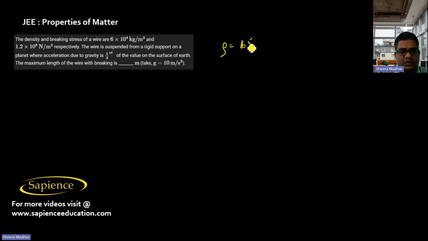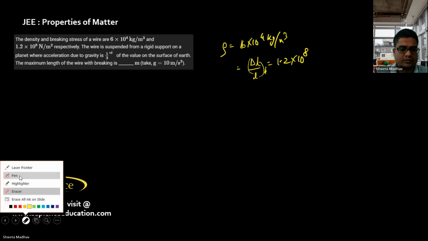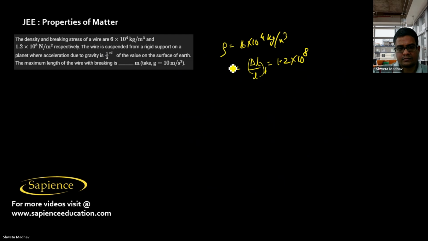So the density is 6 into 10 kg per, breaking stress L by L. It is given as 1.2 10 power. Breaking stress, it means F by A, sigma only, 10 power 8.